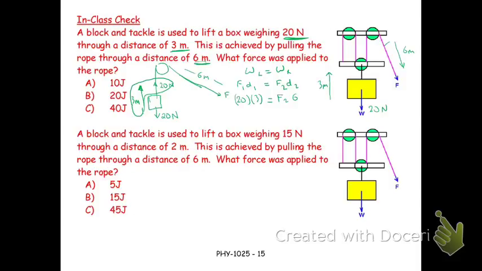So 20 by 3 is 60, divided by 6 is equal to F2, which equals 10 newtons. So a 10 Newton force pulling here lifts a 20 Newton force there. I've got to pull it twice as far, but it can be done.